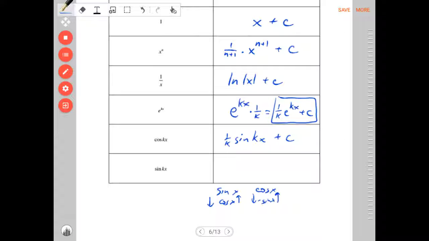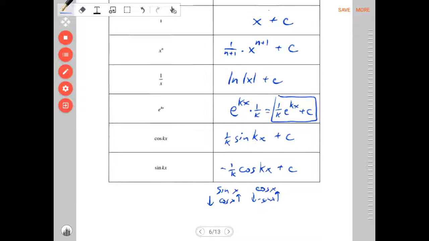And then sine is a little bit different, because if I integrate sine, I get negative cos. So we're going to get negative cosine of kx, but again, we have the 1 over k to get rid of the chain rule part.